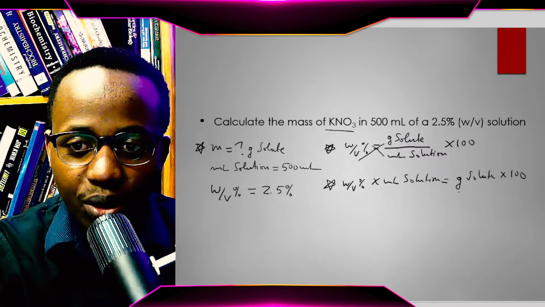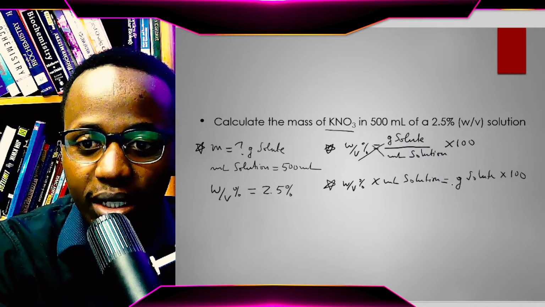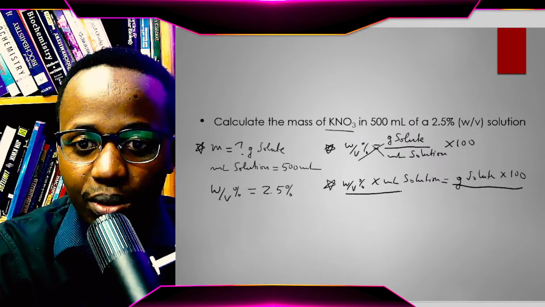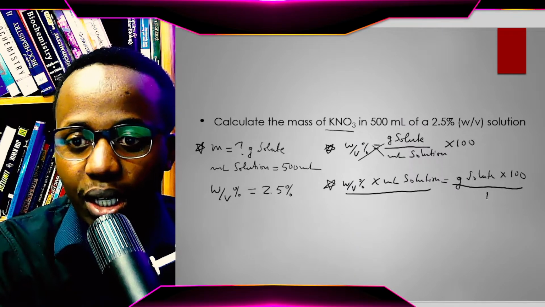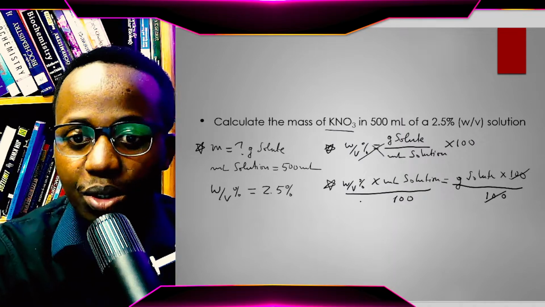How do we solve for the grams of solute? When you have something like this, you divide both sides by what's next to the grams of solute. So here we divide by 100, and we do that so that they can cancel out and you have grams of solute by itself.